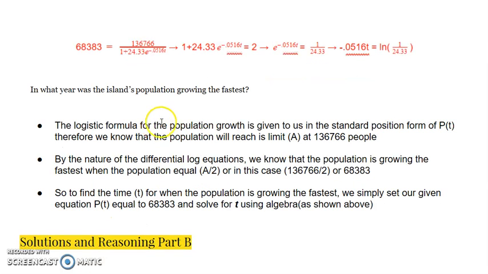Next, let's go on to part B. In what years was the island's population growing the fastest? By the nature of a logistic function, we know that the population is growing the fastest when the function is equal to the carrying capacity divided by 2.